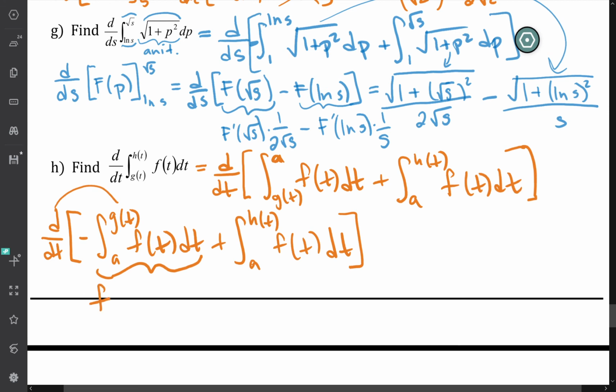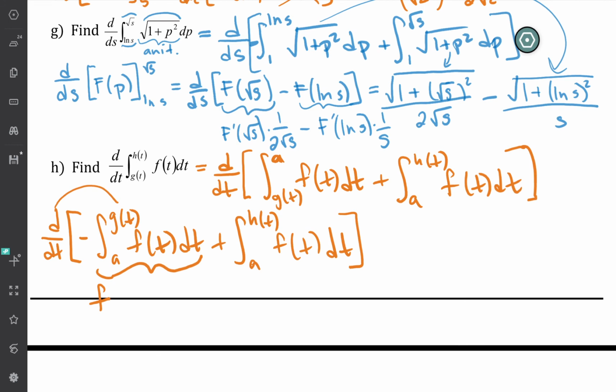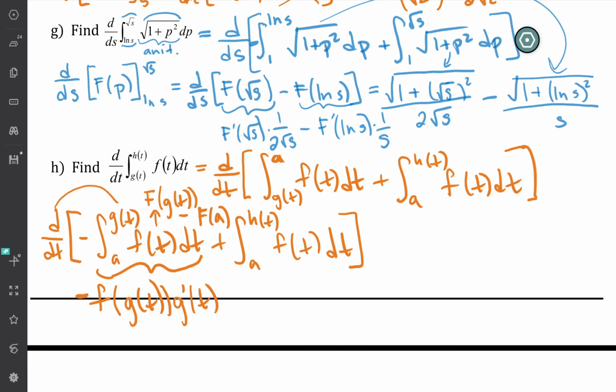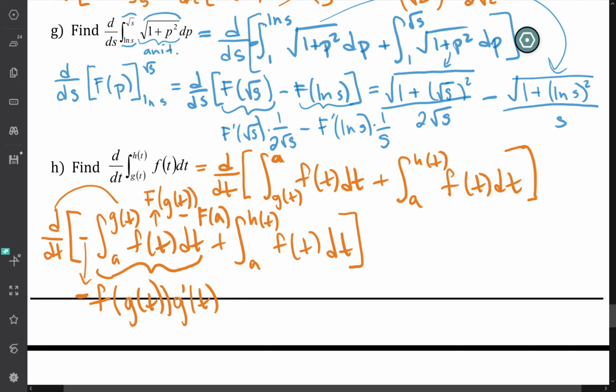But we're going to have a little bit more to it than that, because we're going to have a little f of g of t, and then we'll have to multiply by a g prime of t, and the negative sign is going to carry through as well. So if you want to write in the extra steps here, it would be, okay, the antiderivative is big F. We would need big F evaluated at g of t minus big F evaluated at a, and then we would take the derivative. So the derivative of big F of g of t is little f of g of t times g prime of t, this minus sign still carrying through.